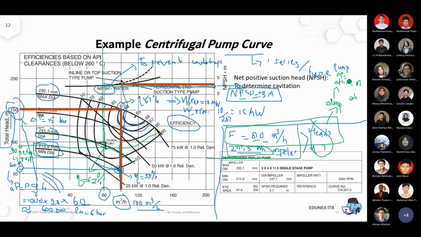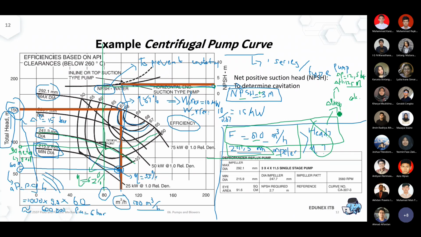Let's say from Padalarang to Bandung, from Pertamina Depot to inner city of Bandung, or maybe if you live in Jakarta, from Pelumpang close to Tanjung Priok, and then you have to send it to Jakarta Selatan, for example, or Depok. Okay, very long pipeline using a pump. So let's say you already calculate that to provide 12.5 bar from the straight pipeline calculation. That means I have to provide 125 meter.